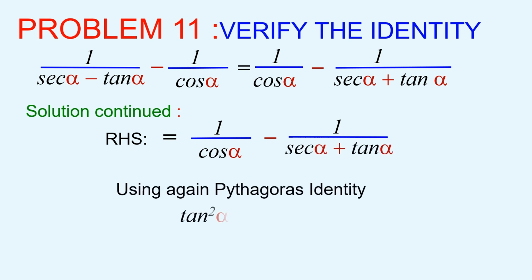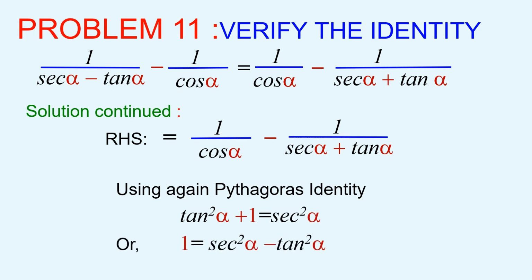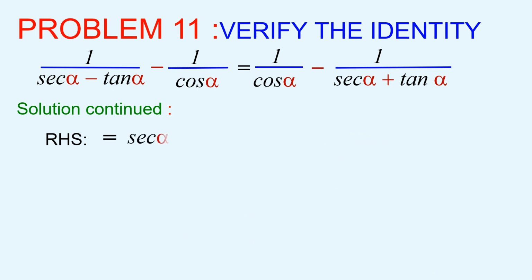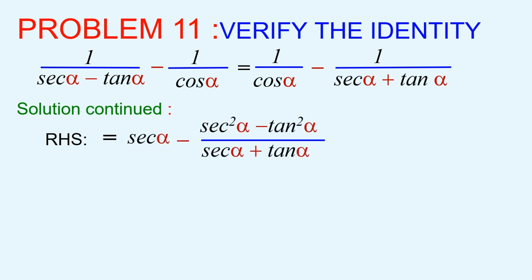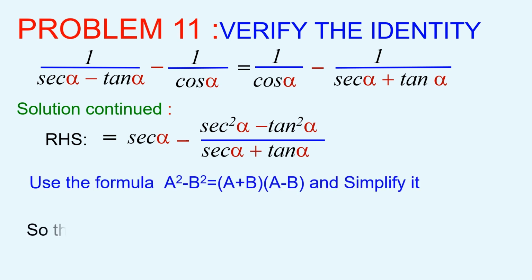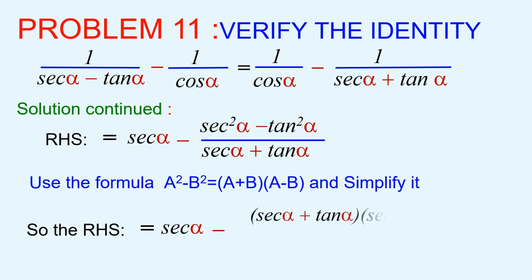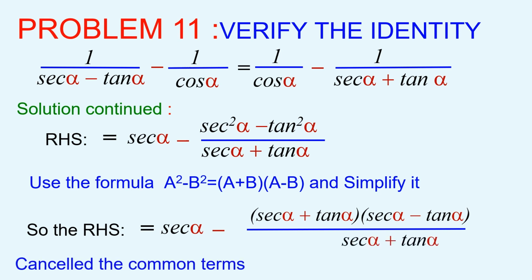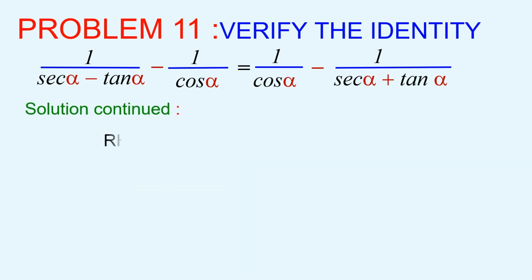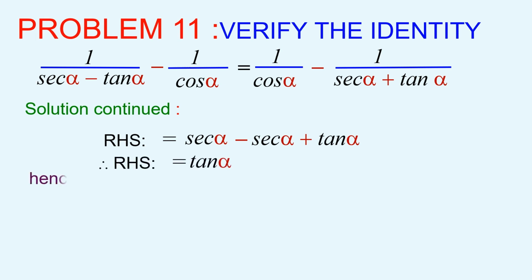Follow similar steps as we did for the left hand side using Pythagoras' identity. Now right hand side equals tangent of alpha.